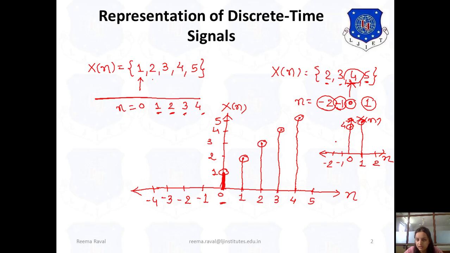Then at -1 its value is 3, so it will be like this, and at -2 its value is 2, likewise. Okay, so this is the notation. In short, to represent a discrete time signal, the arrow indicates the origin position and likewise the time instances for that. We will use this for further examples.